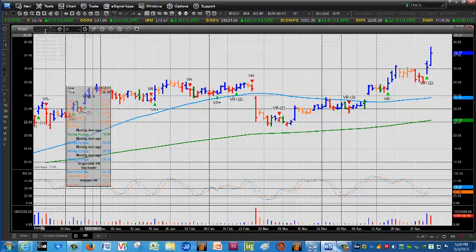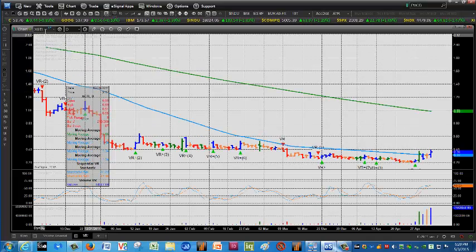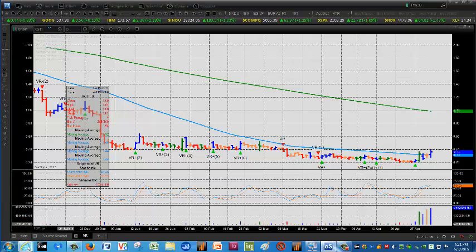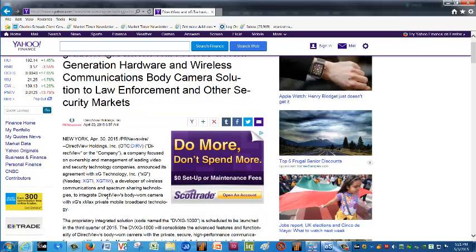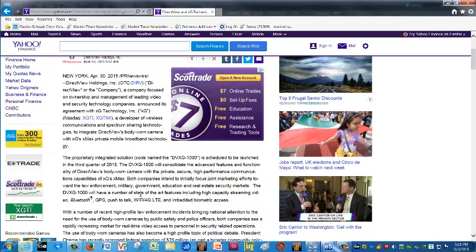I also want to show you another little stock, and this isn't a speculation. We also own this as well. XMGI Technology. Let's put up a little visual here for you, pulling up the news. Apparently, the company is focused on the ownership and management of leading video and security technology companies, and is a developer of wireless communication spectrum sharing technologies.